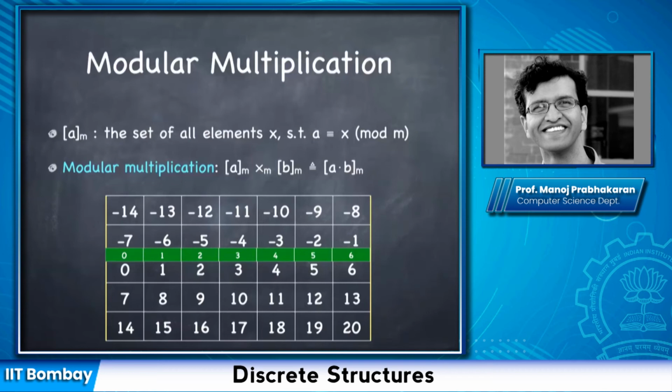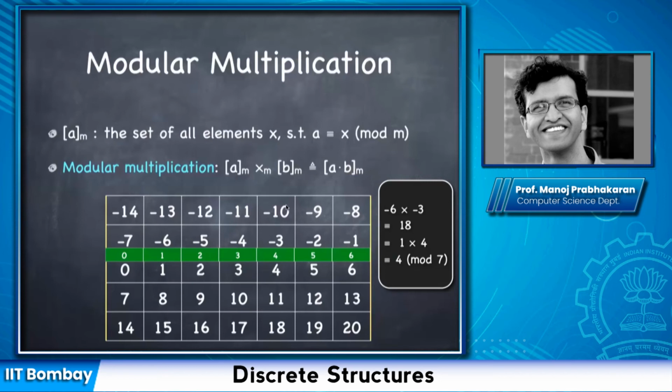So let's take an example. There's a table from before, modulo 7, and let me look at minus 6 times minus 3. So this is minus 6, this is minus 3. Their product is 18. So the product of the column containing minus 6 and the column containing minus 3 is the column containing 18. I could have looked at it differently. The column containing minus 6 is the same as the column containing 1. The column containing minus 3 is the same as the column containing 4.